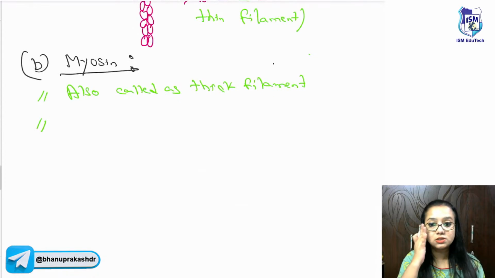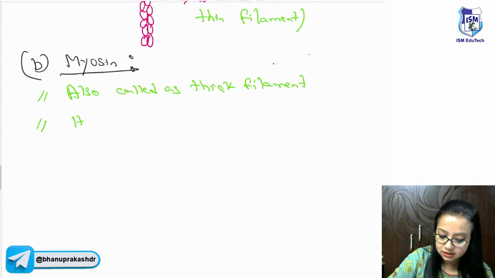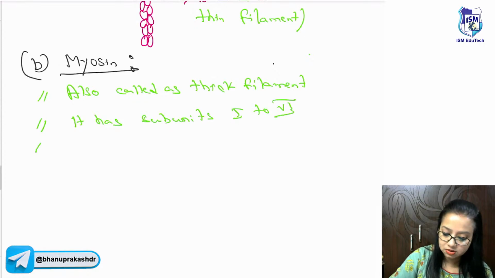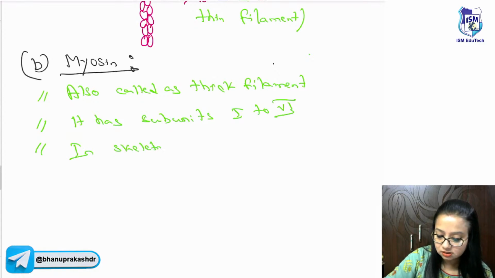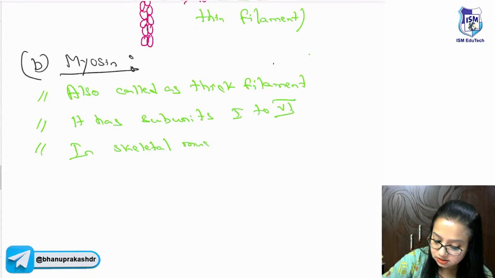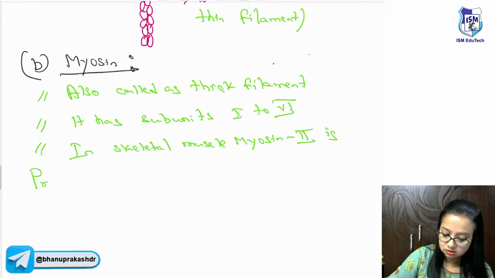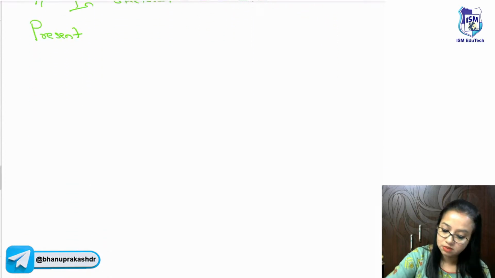It has also got a specialized structure. It has subunits 1 to 6. Now, in skeletal muscle, myosin 2 is present.